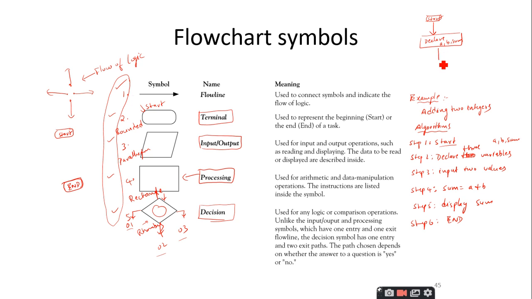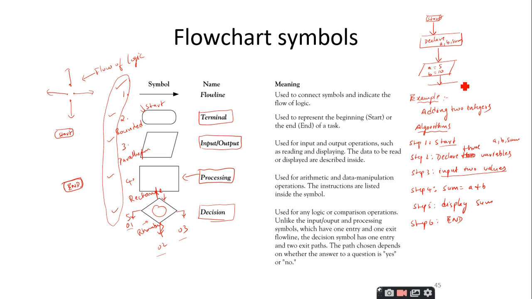And after step 2, I have step 3, and that is connected with the downward flow line. Step 3 is input 2 values. The input and output is represented with a parallelogram. So I draw it like this. Let us take a is equal to 5, b is equal to 10. After step 3, I have step 4, the processing step, where I am adding a and b and storing it inside sum.